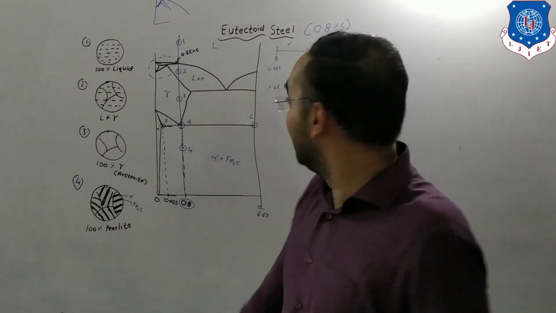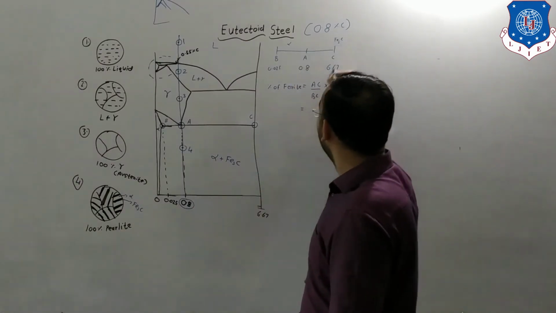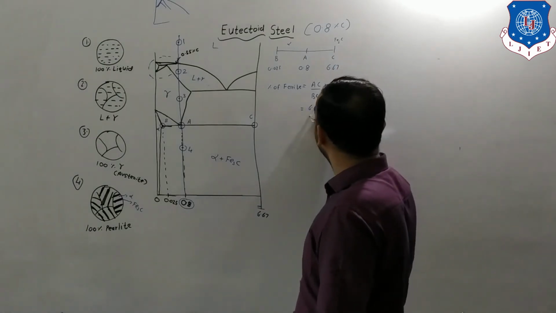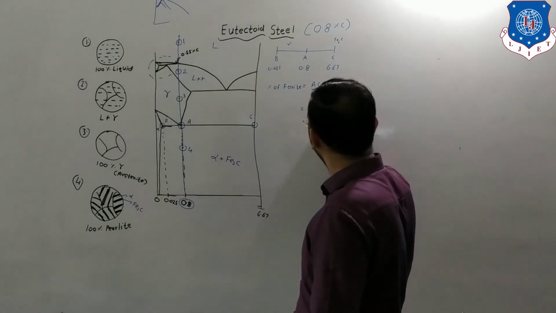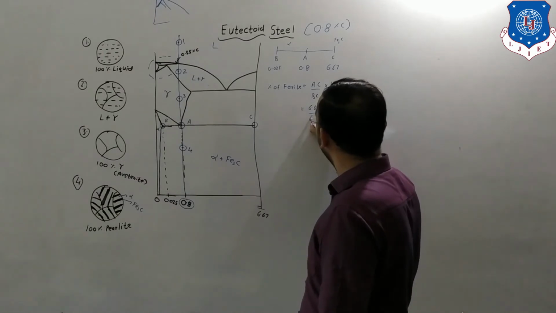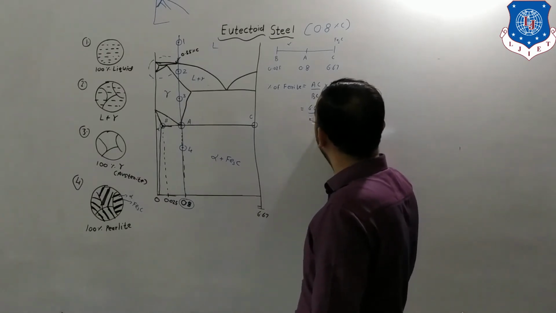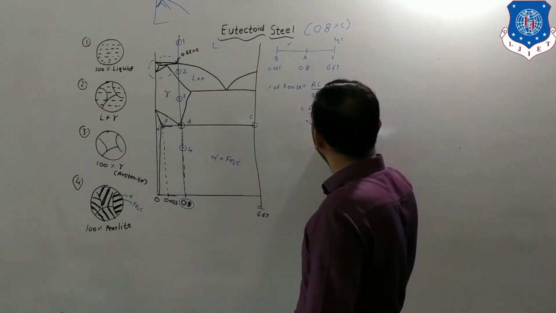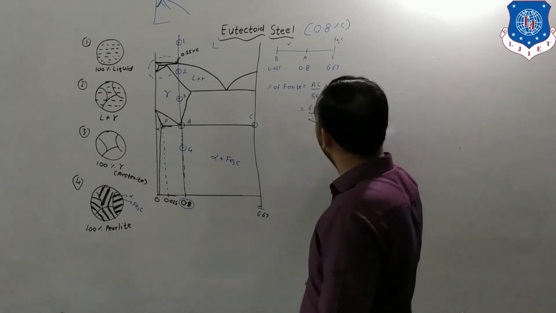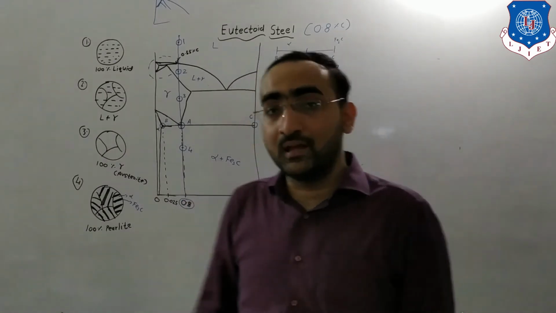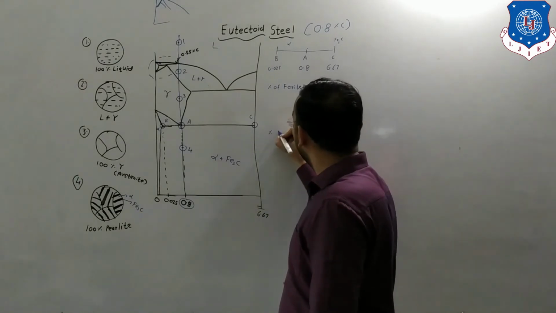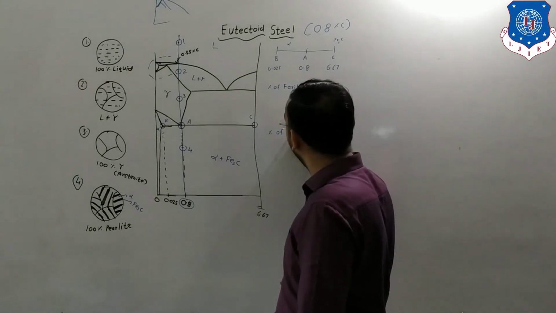How AC is formed: that is 6.67 minus 0.8 divided by 6.67 minus 0.025, multiplied by 100. And this is how you can find the percentage of ferrite.